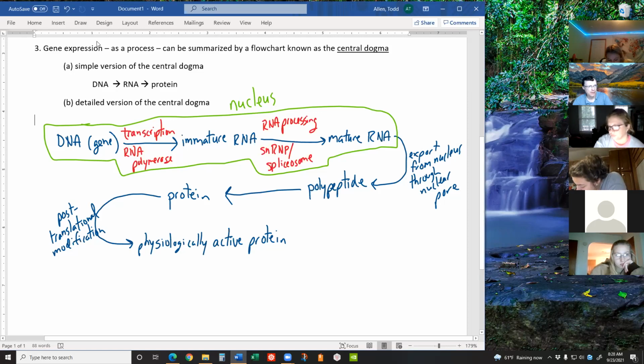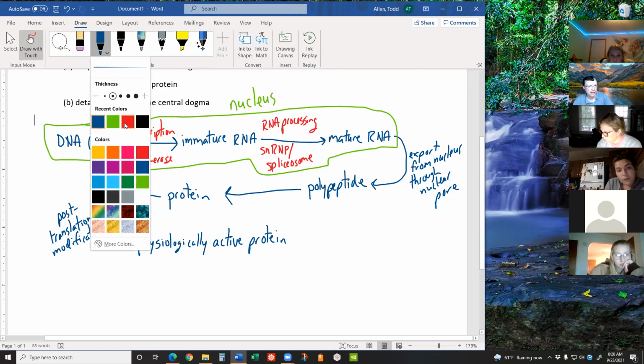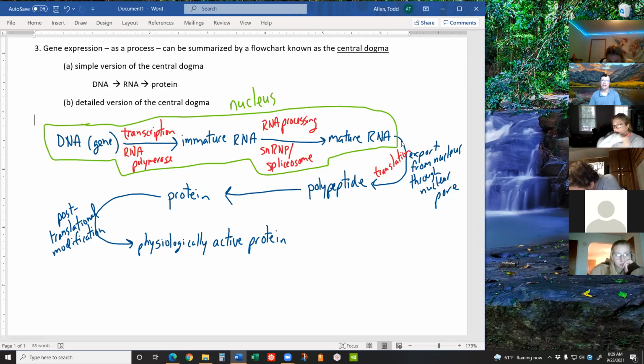Okay, the polypeptide is going to be manufactured through a process known as translation. Okay, so I'm a little crimped here in my writing space, but right here is translation. Okay, so translation is going to be the process that is used to make the polypeptide. And the machinery to make the polypeptide is the ribosome.